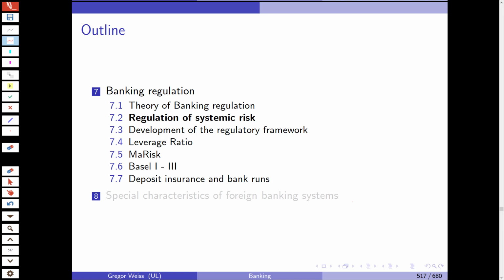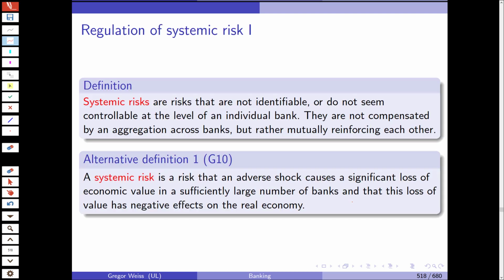Okay. Next, let's look at the regulation of systemic risk. What is, first of all, systemic risk? Systemic risk can be defined as risks that are not identifiable or do not seem controllable at the level of an individual risk. They are not compensated by an aggregation across banks, but rather mutually reinforcing each other.